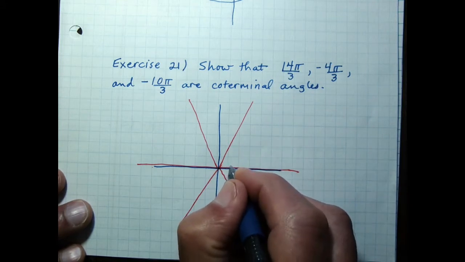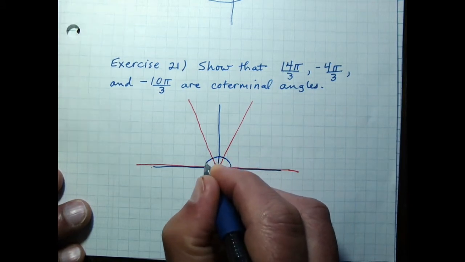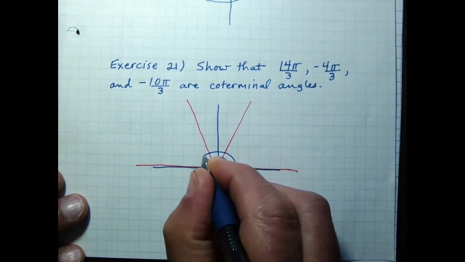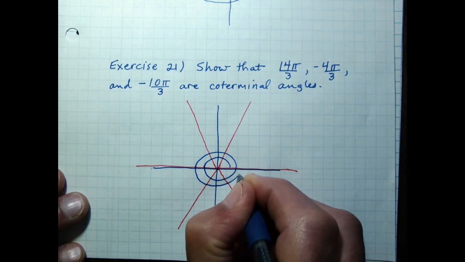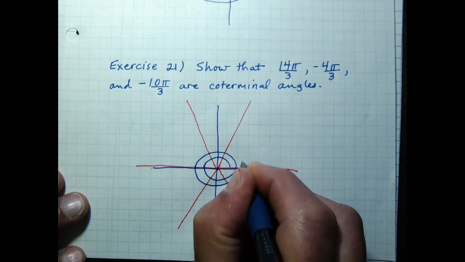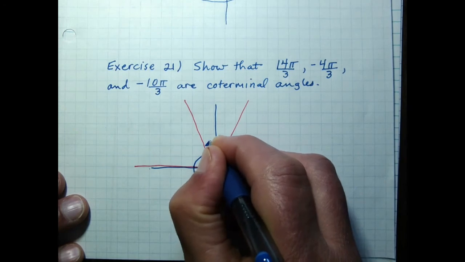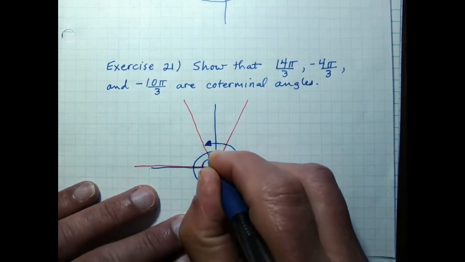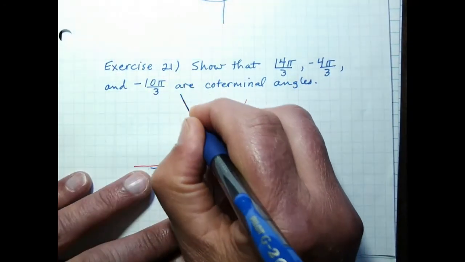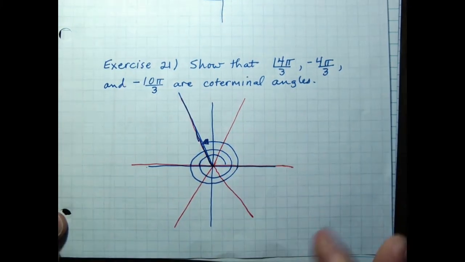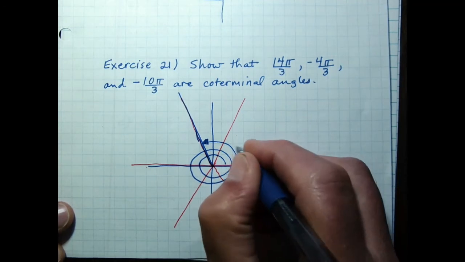So I'm going to count out my multiples. 1, 2, 3, 4, 5, 6, 7, 8, 9, 10, 11, 12. I've gone 2 full circles. 13, 14, and I end up right there at that same 120 degree terminal side. So there's my 14 pi over 3.